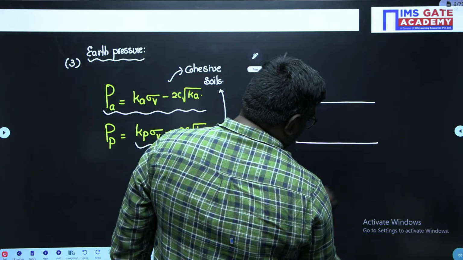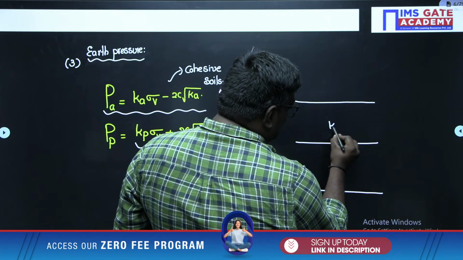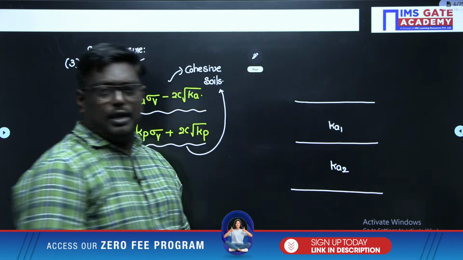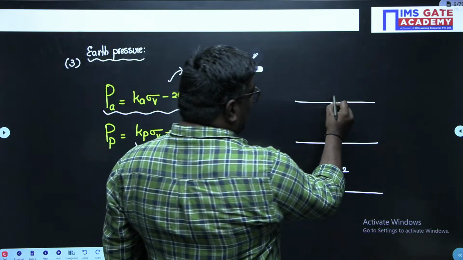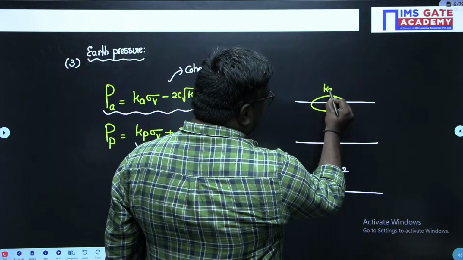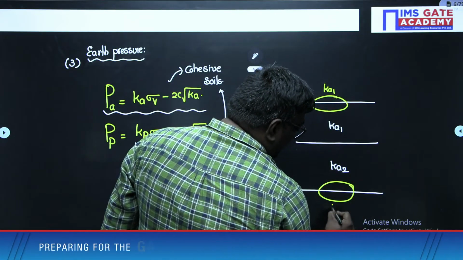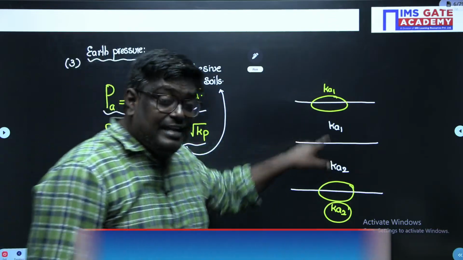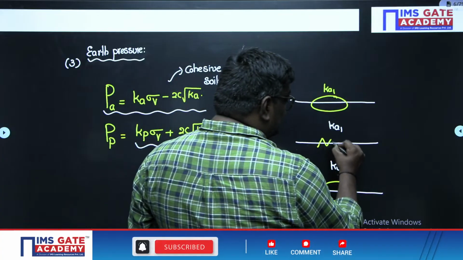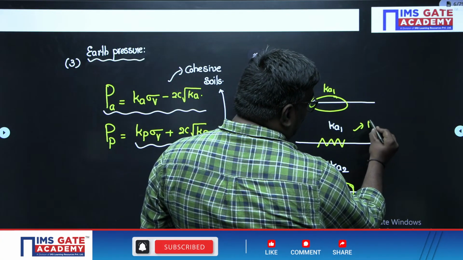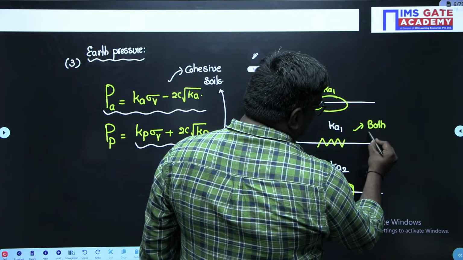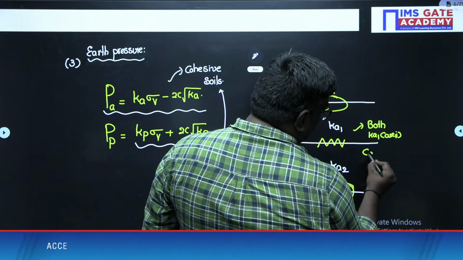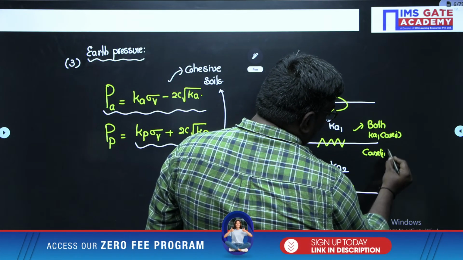Now, my dear students, there can be one question here. When you draw the earth pressure diagram, suppose in this layer you got Ka1, in this layer you will get Ka2. Anyhow, the top layer will be multiplied with Ka1 and the bottom layer will be multiplied with Ka2. But at the interface, in one case it will be multiplied by Ka1, and in case 2, it will be multiplied with Ka2.